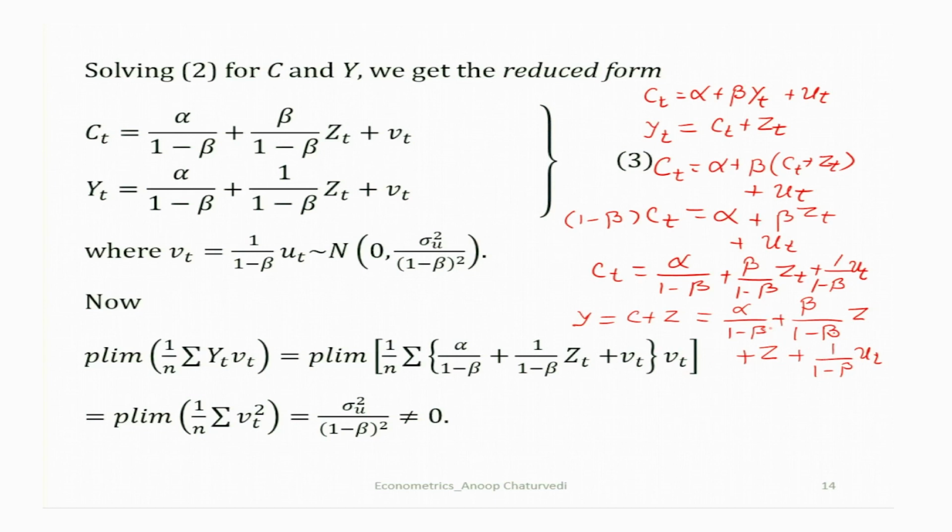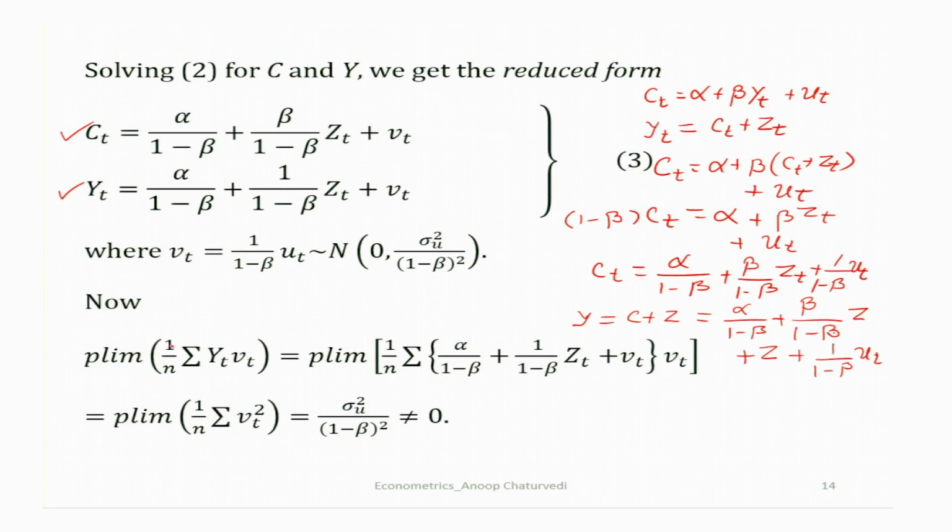So, you get alpha upon 1 minus beta plus beta upon 1 minus beta plus 1 is equal to 1 upon 1 minus beta z t plus 1 upon 1 minus beta u t is equal to v t. So, you get this equation for y. So, this is the reduced form.